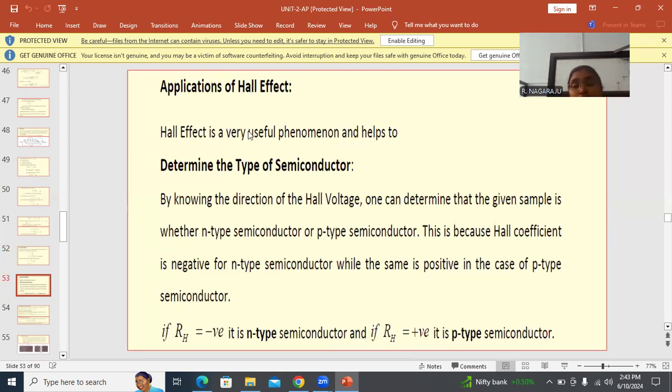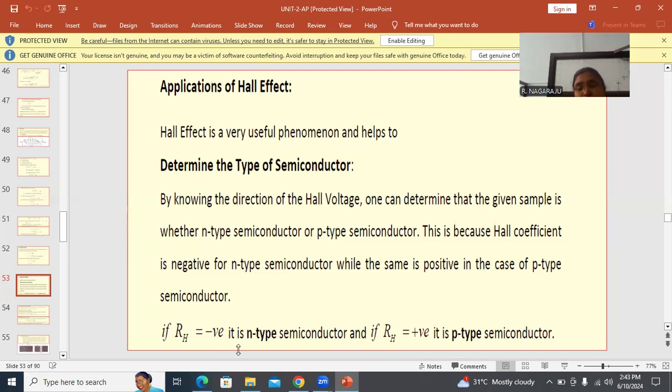Now we'll see what are the applications of the Hall effect. Hall effect is very useful in the phenomena of semiconductors. So many types of semiconductors, in N-type semiconductors, in P-type semiconductors, in negative and positive cases.